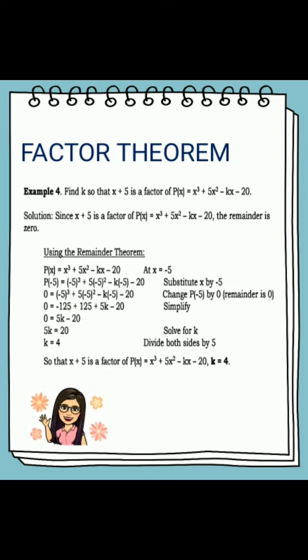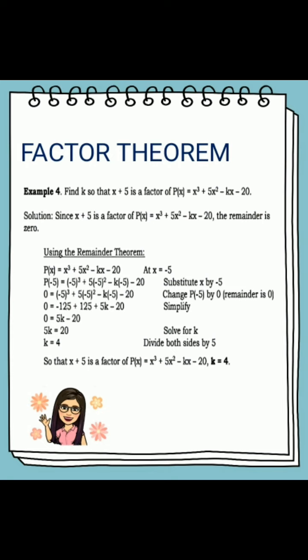So, we have p of negative 5 is equal to, substitute natin lahat ng x as negative 5: negative 5 raised to 3 plus 5 times negative 5 squared minus k times negative 5 minus 20. We have our remainder is 0, kasi ang hinahanap natin yung value ng k. So, yung p of negative 5 is substitute natin siya as 0, kasi nga yung remainder natin ay 0. Ida-determine lang natin kung ano yung value ng k para yung x plus 5 maging factor ng given polynomial.